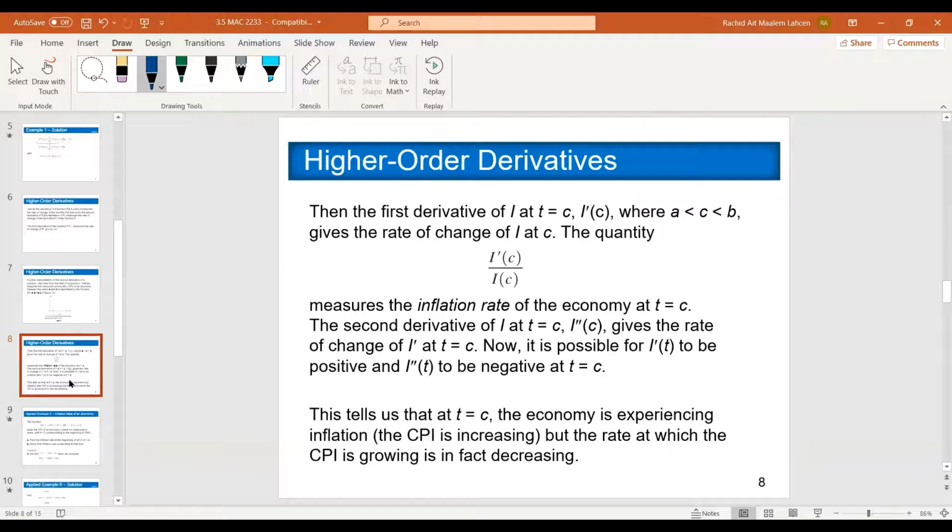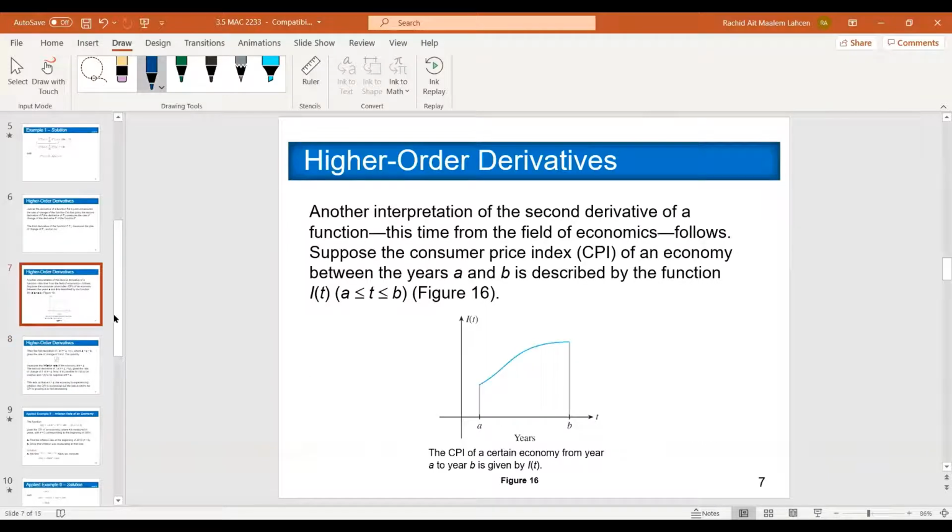For this example, we look at an interpretation of the second derivative in economics. Suppose the consumer price index, CPI, of an economy between the years A and B is described by the function I of t.